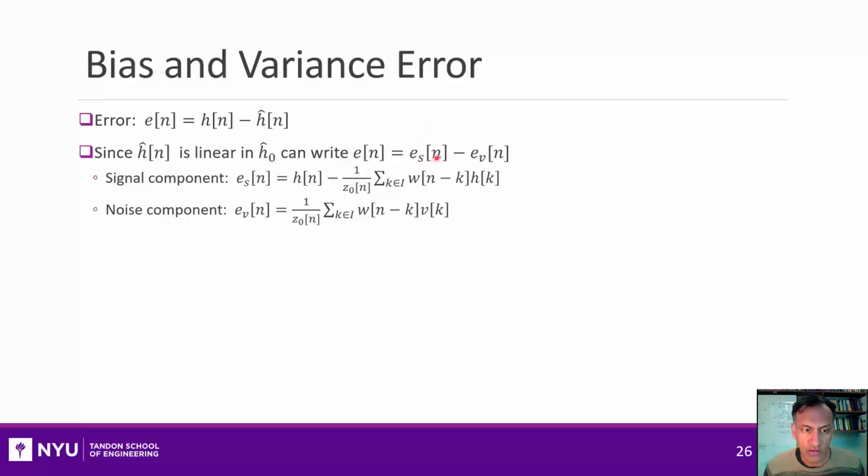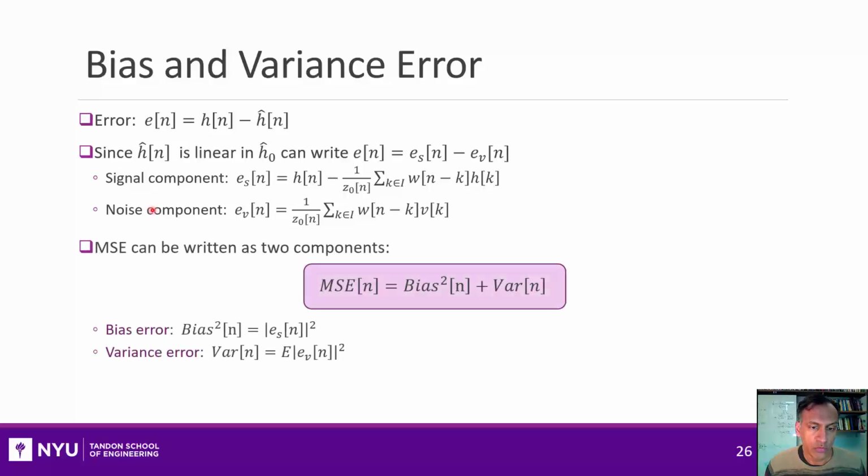One is dependent on the signal, meaning the h minus the h hat, which is itself a function of the other h(k)'s. The second is the terms depending on the noise, which I'll call v(k). That is just the component of h hat which is from the noise. So you have a signal component and a noise component.